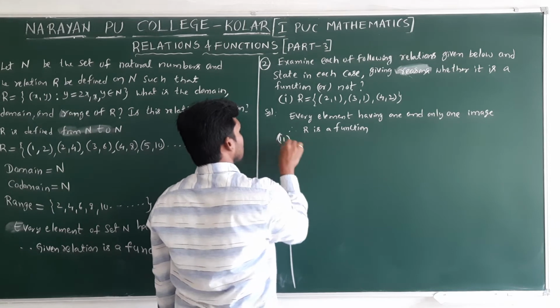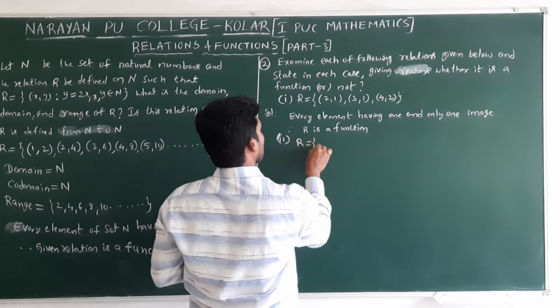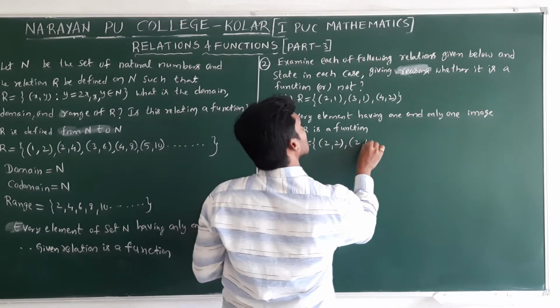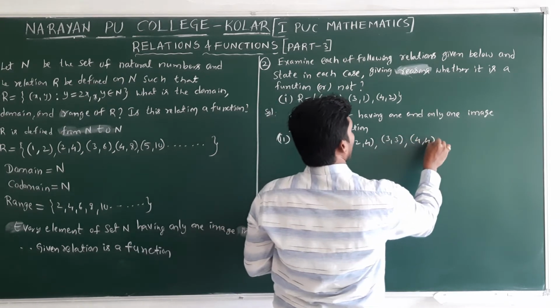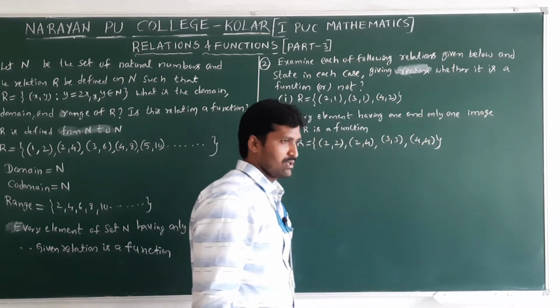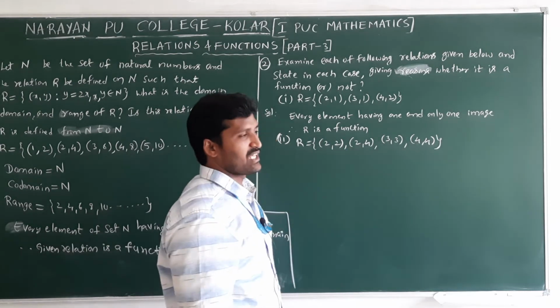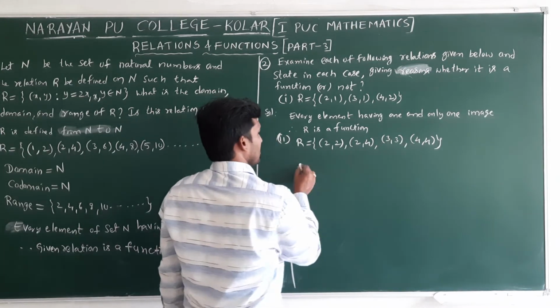Second one, R equals (2,2), (2,4), (3,3), (4,4). Because 2 has how many images here? 2 images. But the definition of a function is what? The element having only one image.